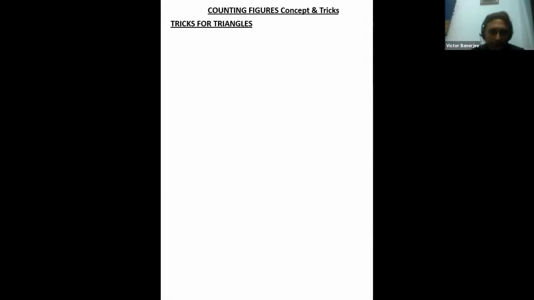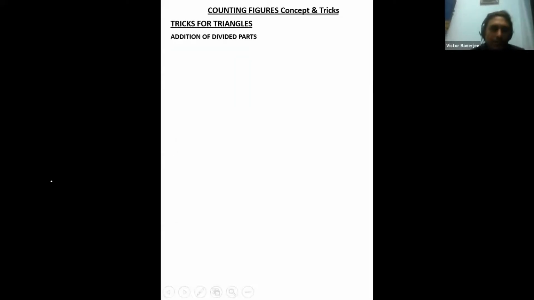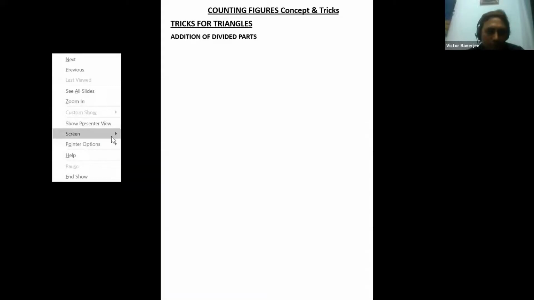All right. So basically, what divides the closed shape into two halves? Two equal halves. Correct.